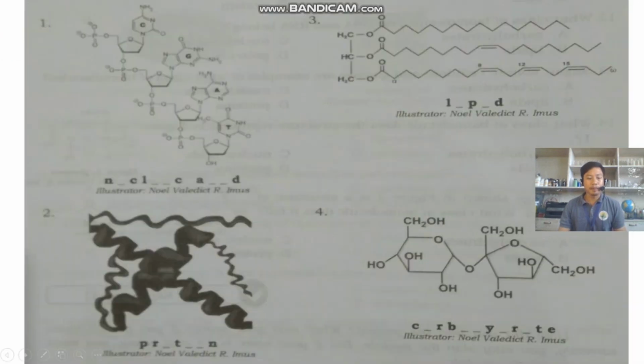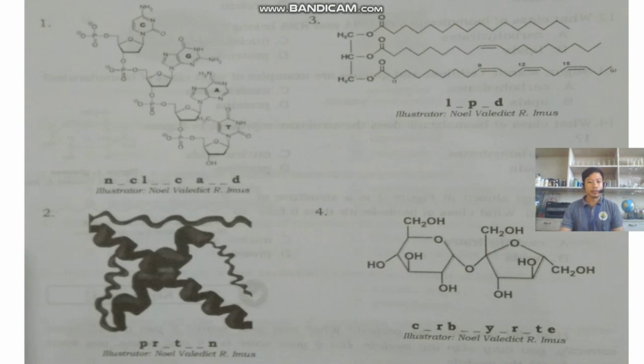So this time, I want you to identify the missing letter of the required terms in its number. What do you think are the terms in number 1? Yes, very good. This is nucleic acid. How about number 2?